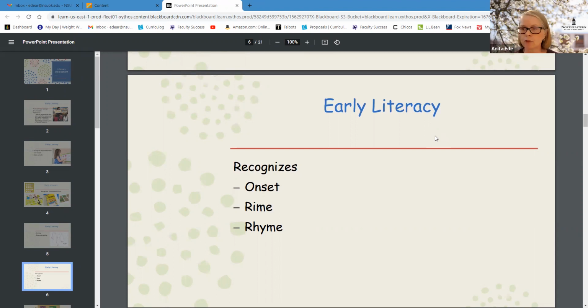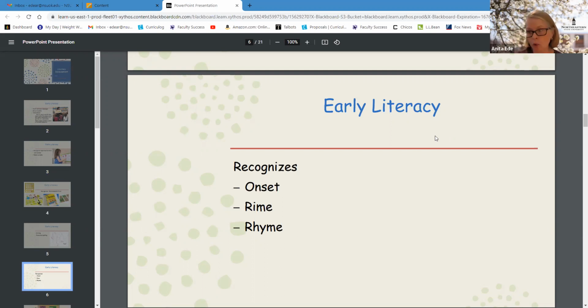Say, for instance, you've got bed, led, fed, read. The ED portion of that is the rhyme. It's the vowel consonant pair. The beginning changes, and we do that a lot when we teach children word families. We'll just give them different beginnings, have them make all these different words. That is a rhyme activity, R-I-M-E.